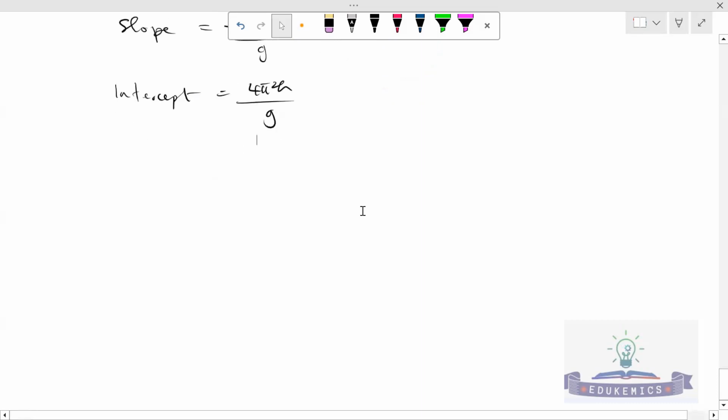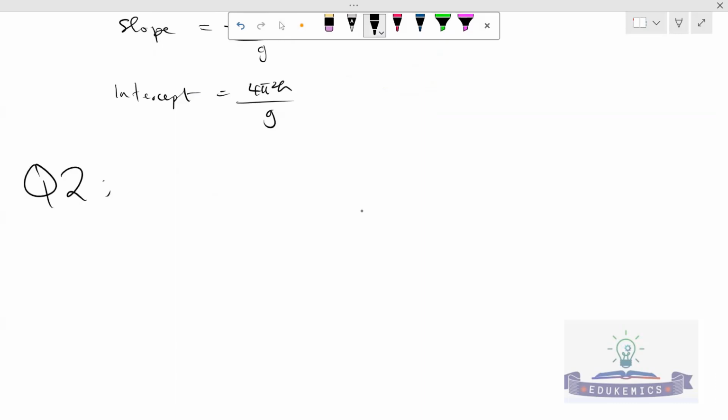Now let's see another transformation of graph. So I'll put the variables in brackets. So let's say 1 over u plus 1 over v equals 1 over f. The variables are u and v, and f is a constant.